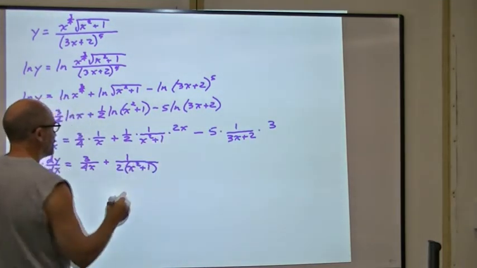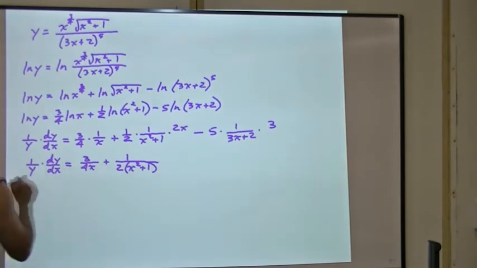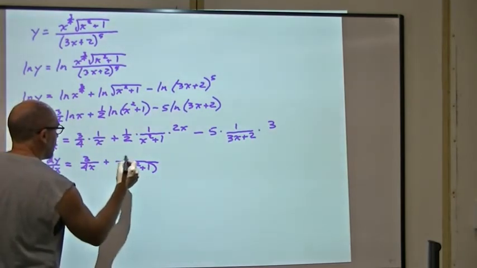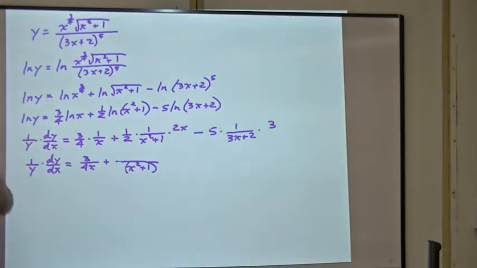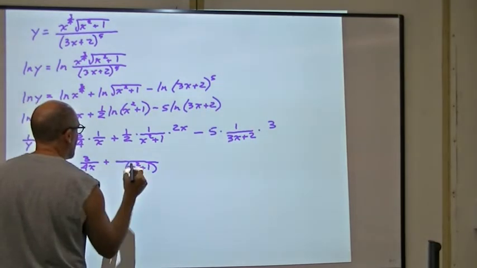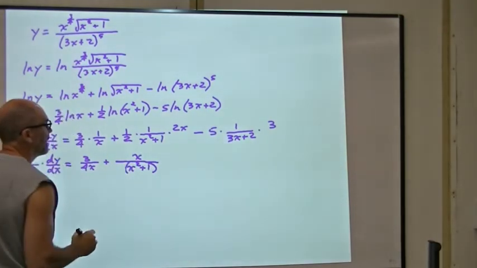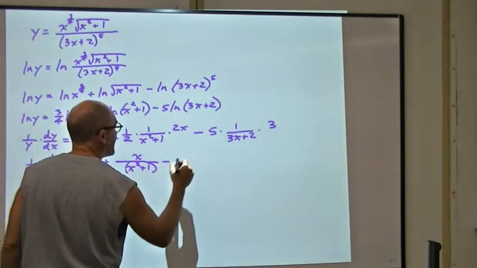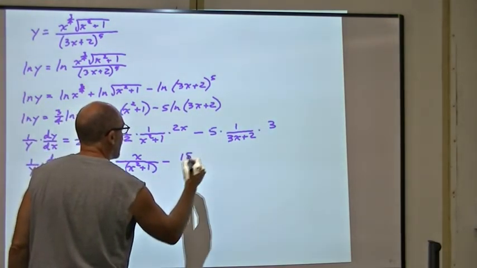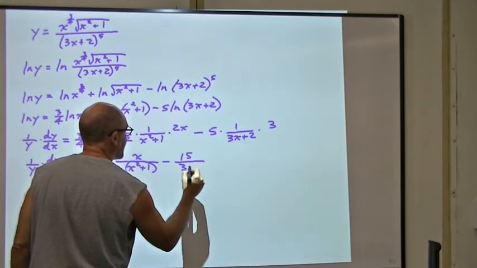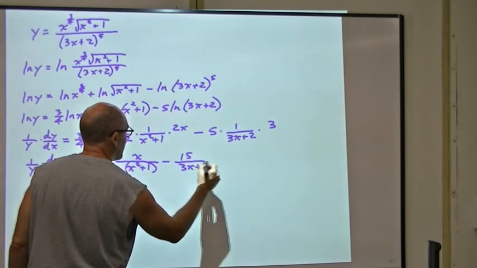Oh, rats, I forgot the 2x. Okay. So that means the 2's cancel and I'm just left with x. Then minus 15 over 3x plus 2.